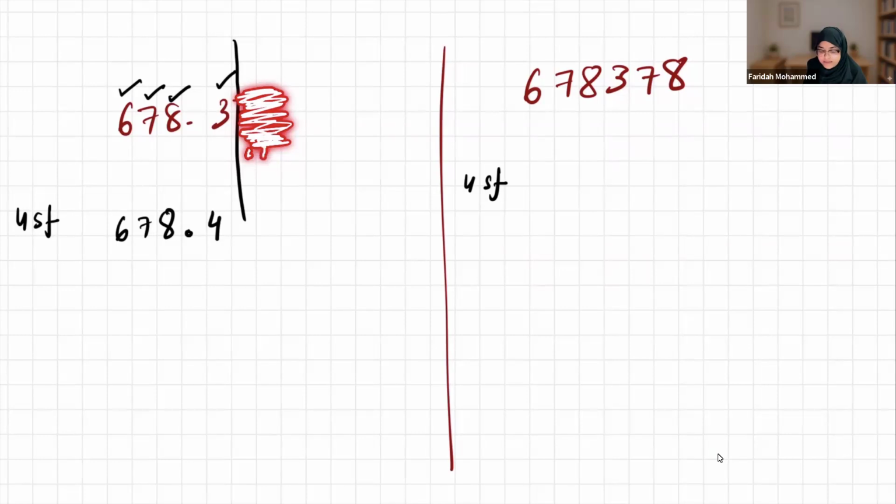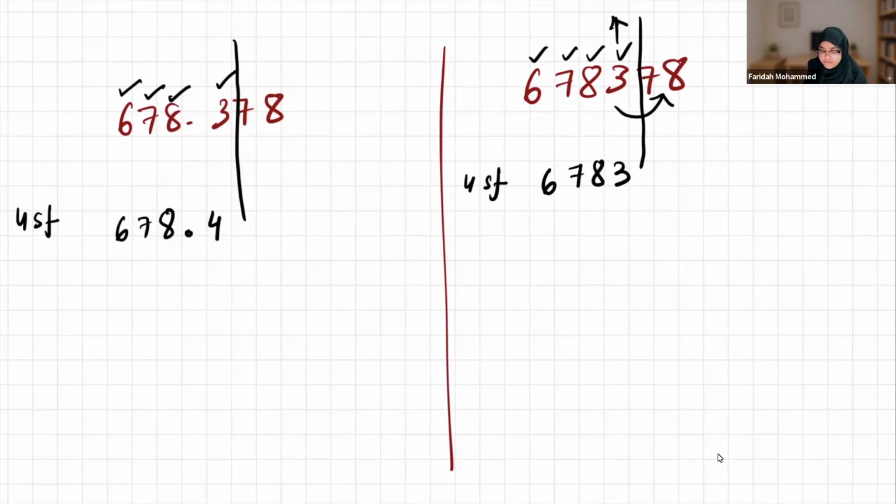Now, let's see what happens when it's not after the decimal. Again, 4 sig figs. So 1, 2, 3, 4. Separate them. Look at the next number. 7, 5 and above. So this one goes up. So you're going to have 6, 7, 8, 3. Sorry, 6, 7, 8, 4.